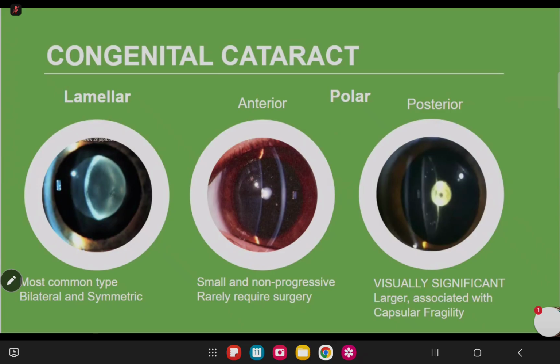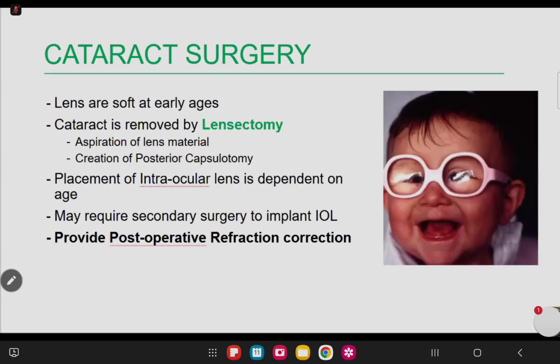It could cause tearing of your posterior capsule. So the treatment, as for all types of cataract, is cataract surgery.